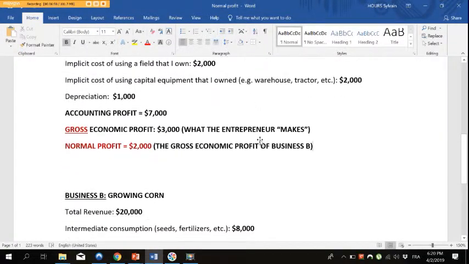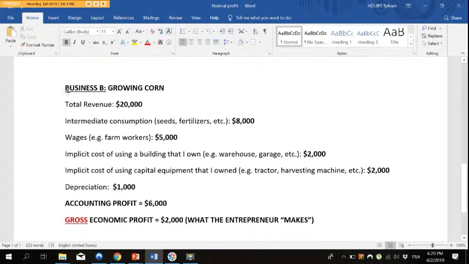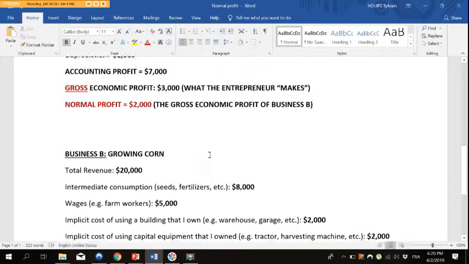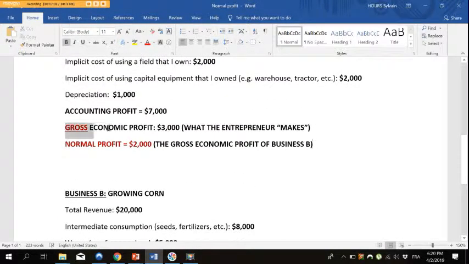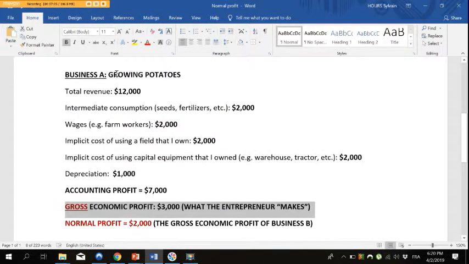And I can do exactly the same thing for business B. Let's assume that this farmer chooses to grow corn rather than potatoes. Then in this case, this farmer gives up the gross economic profit that he could have made when growing potatoes.